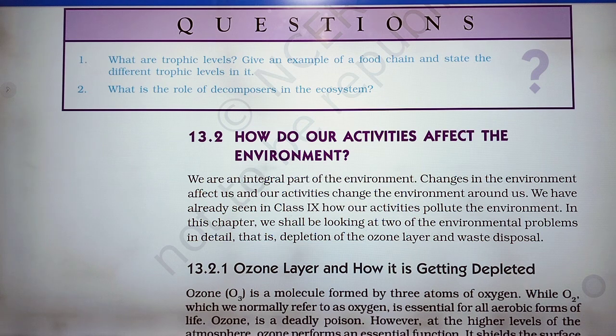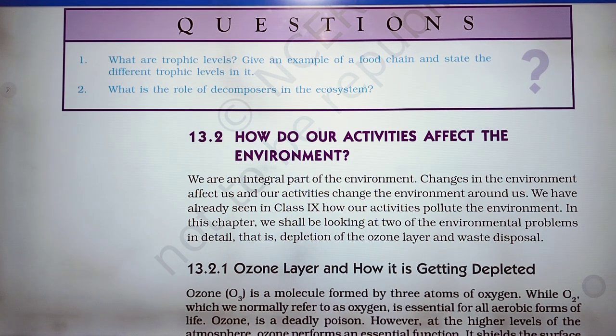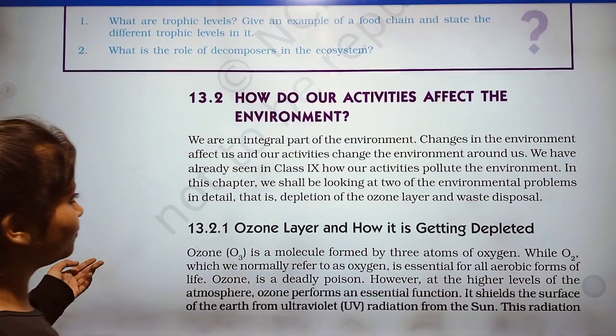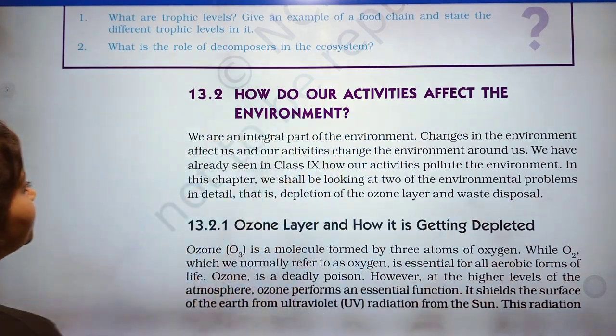Here it is given that we are an integral part of the environment. We, the humans, are an integral part of the environment. Changes in the environment affect us, and our activities change the environment around us.